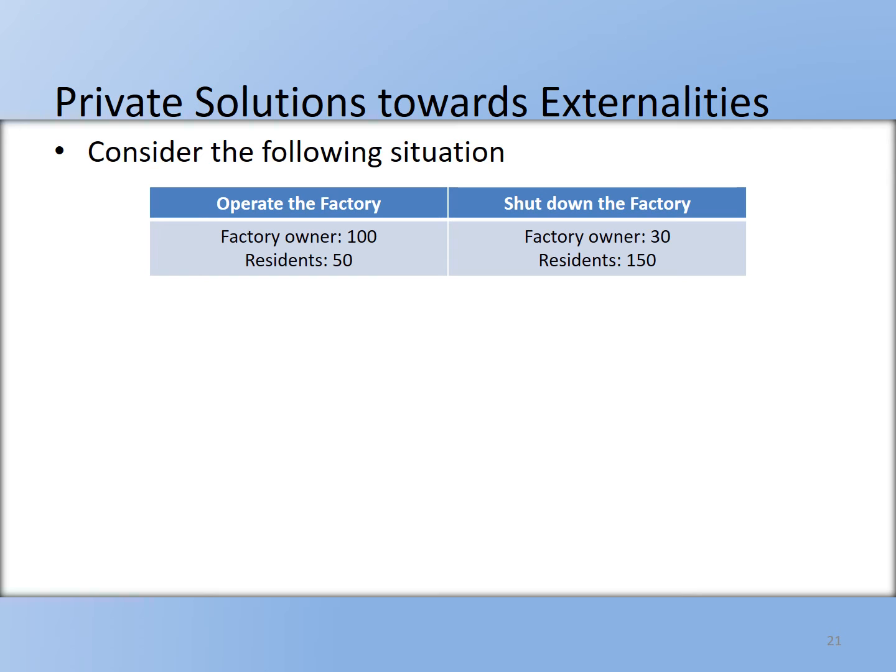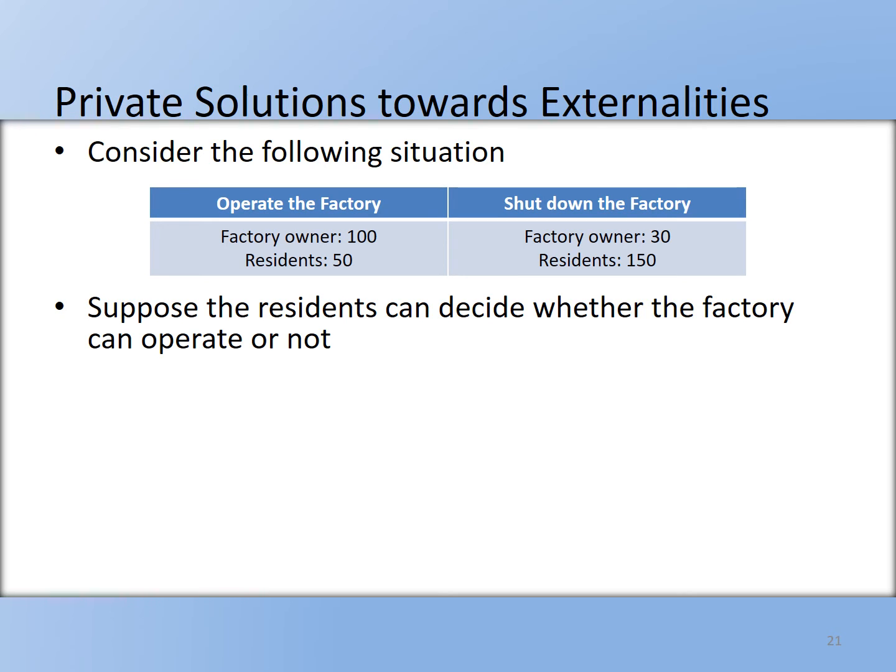So if the factory is operational, the residents get 50, whereas if it's shut down, the residents get 150. Now in this situation, it should be obvious to you that the efficient outcome is for the factory not to operate, because it only generates $70 of additional income for the factory owner, but it hurts the residents by $100. So in an efficient outcome, you would not want the factory to operate.